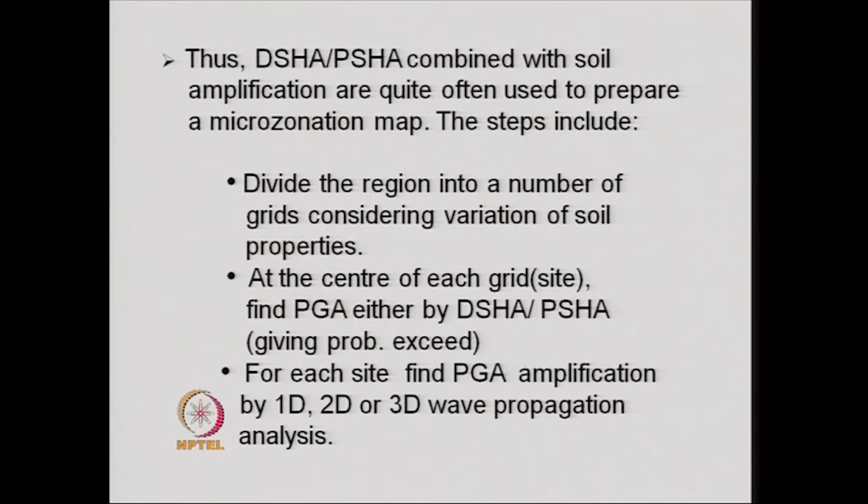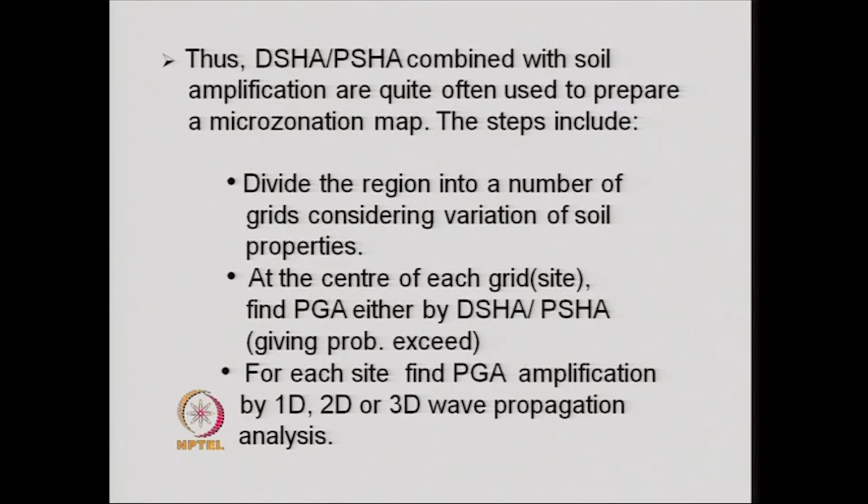DSHA or PSHA combined with soil amplification are quite often used to prepare a microzonation map. The steps include: divide the region into a number of grids considering variation of soil properties, as I have shown here. Then at the center of each grid, find the PGA either by DSHA or PSHA procedure, giving the probability of exceedance in the case of PSHA.